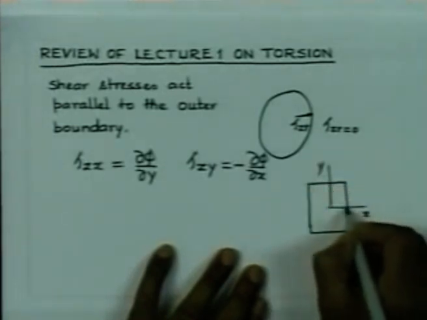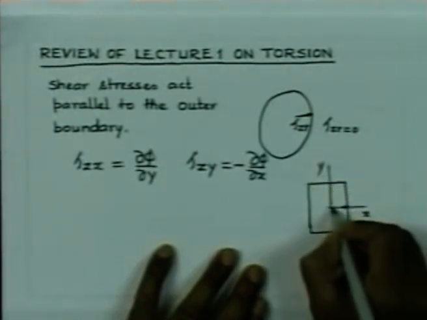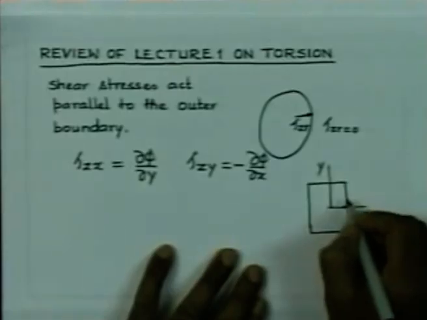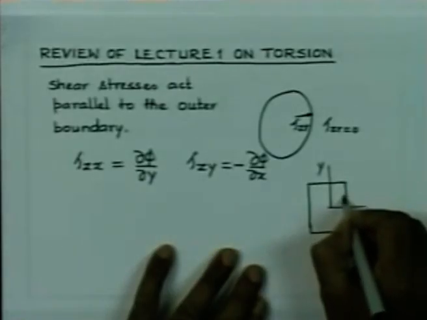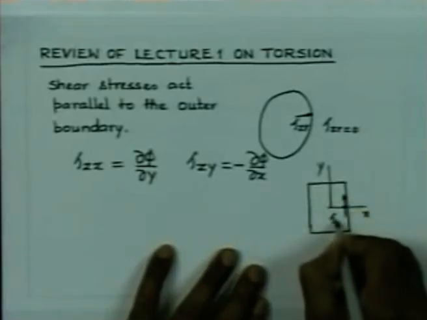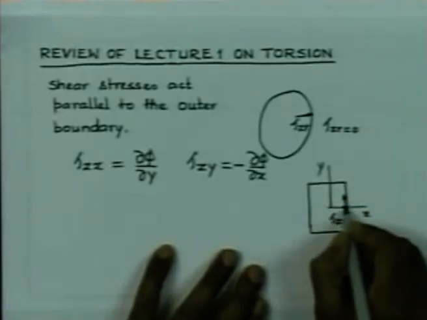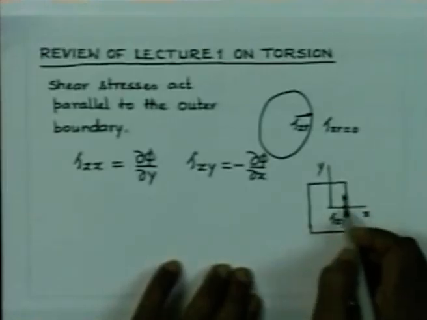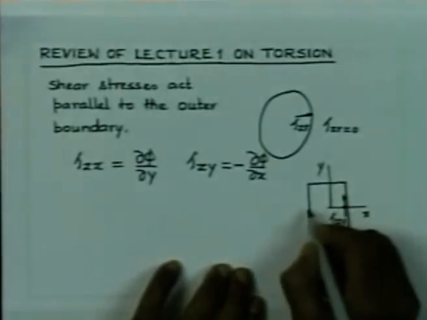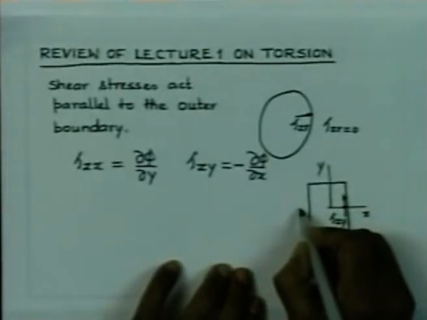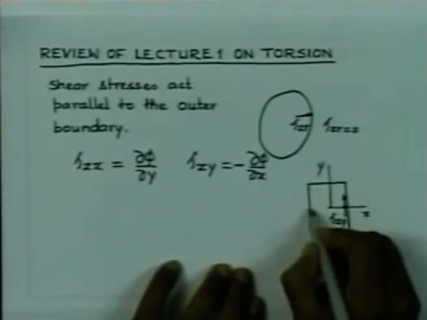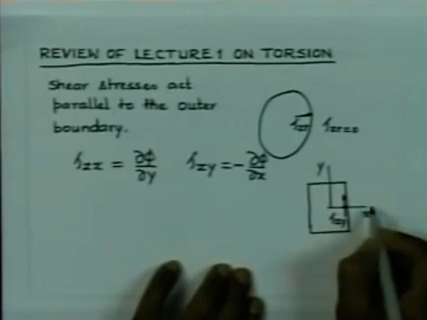suppose you are interested in finding out the shear stress at this point, it is going to be parallel to the boundary. So, therefore, there can be only shear stress tau zy, and if this shear stress is to be calculated, what do we need to take? We take a section of the phi surface with a vertical plane containing the x axis.